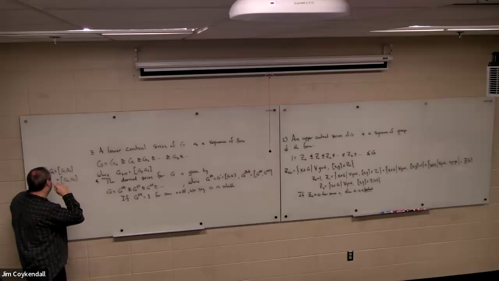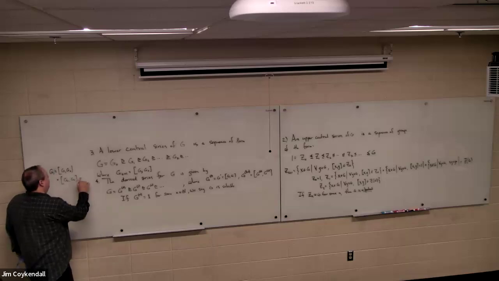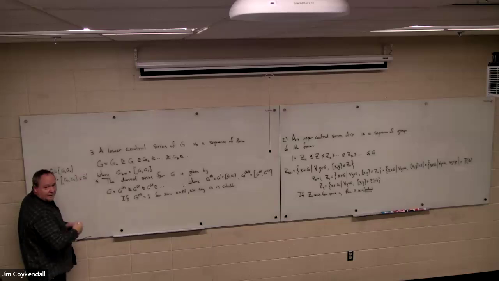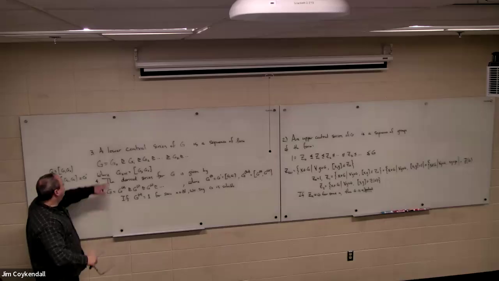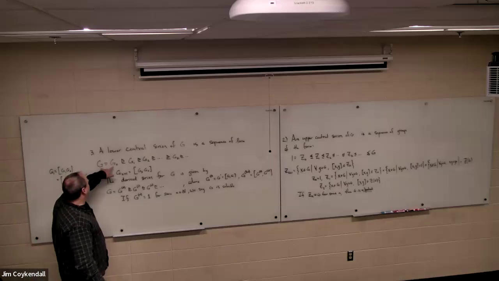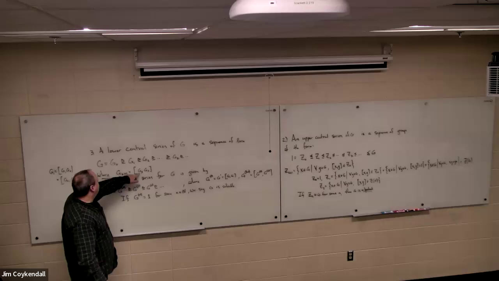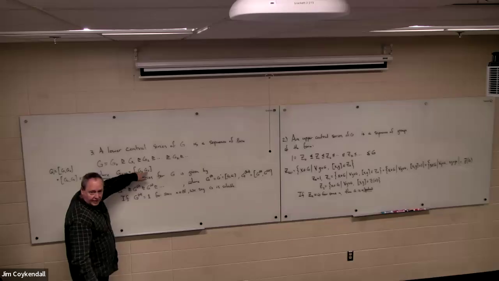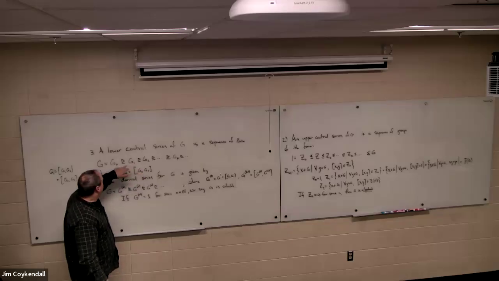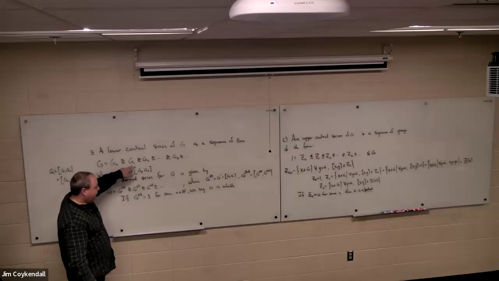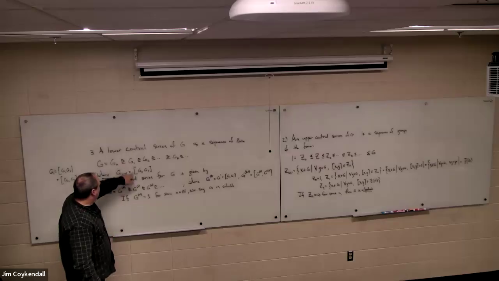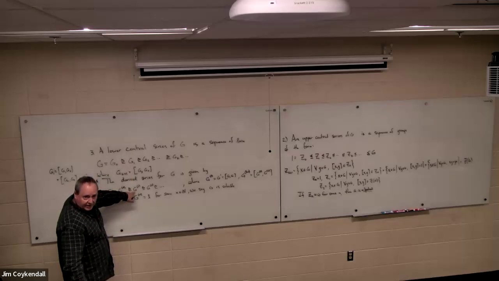So actually, this is, again, the commutator subgroup. So G1, that's when k equals 0, is the commutator subgroup of G and G0. G0 equals G. So this one right here is the commutator subgroup. So this G1 is the same thing as this, right?